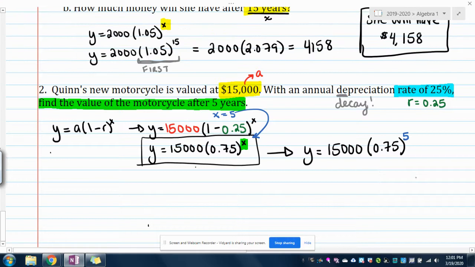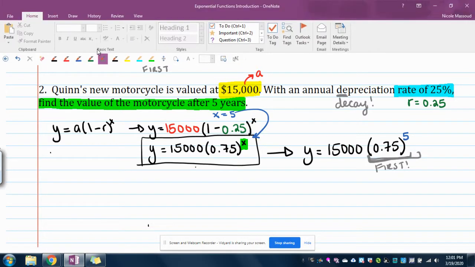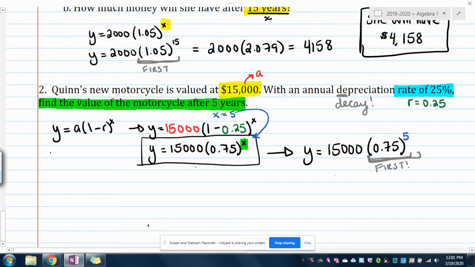Again, I'm going to emphasize it. You do this first. So I get 0.75 to the 5th power. So 15,000 times 0.75 to the 5th power.